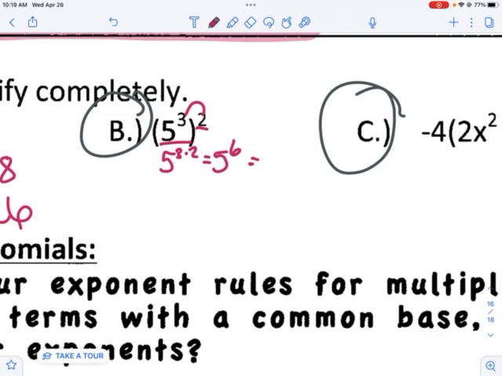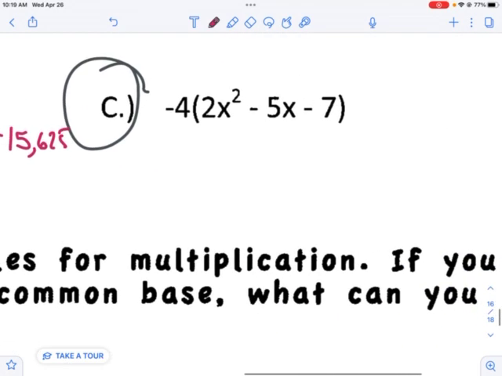But 5 to the 6th, again, we're using the power rule. And because we have a power raised to a power, we can multiply. And so let me figure out what 5 to the 6th power is real quick. It's like 15,625. There it is.